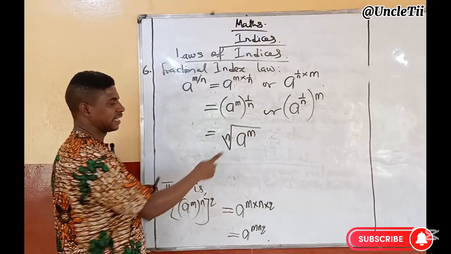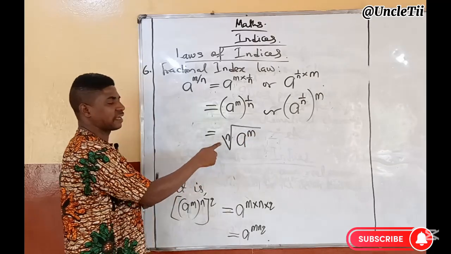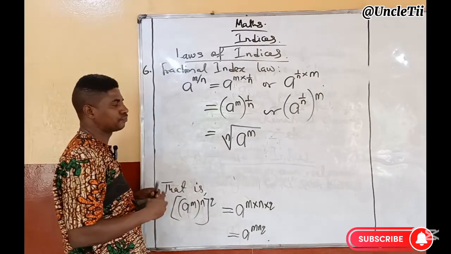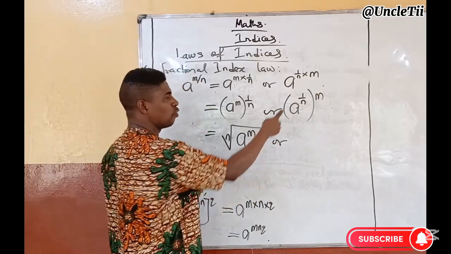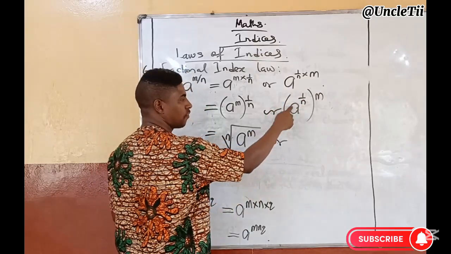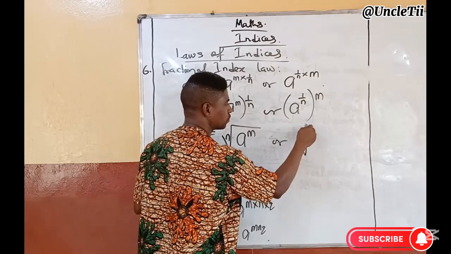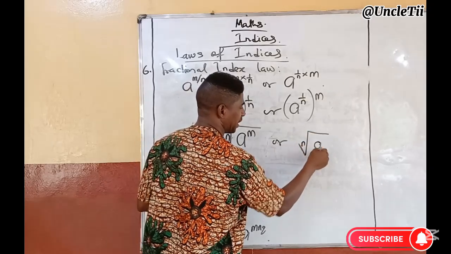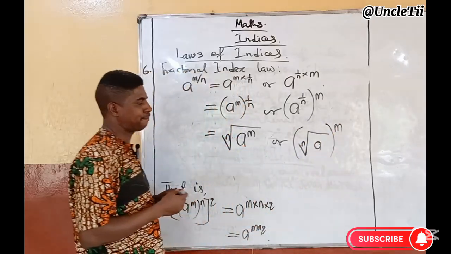What are you doing here? Simplify a raised to power m first, thereafter find the nth root. Or here, we'll look for the nth root of a first. So it's saying nth root of a, every term raised to power m.